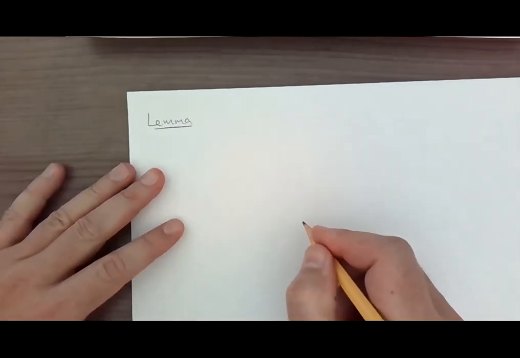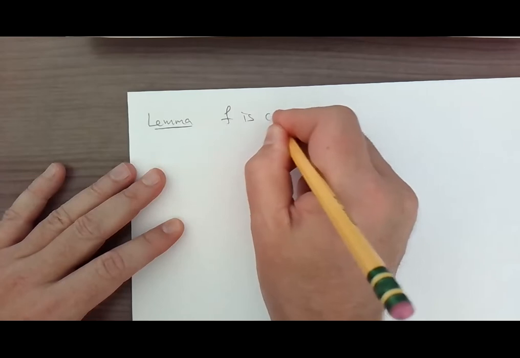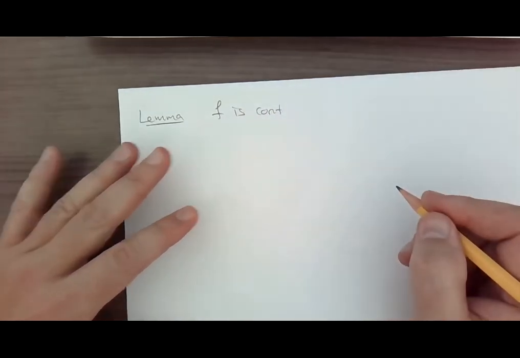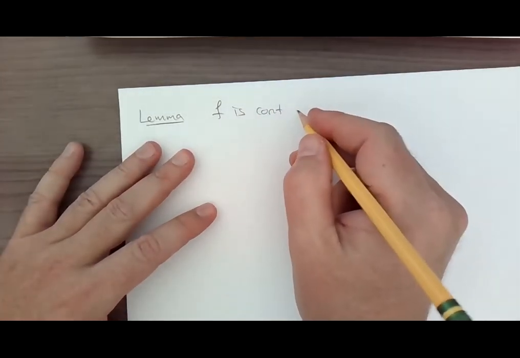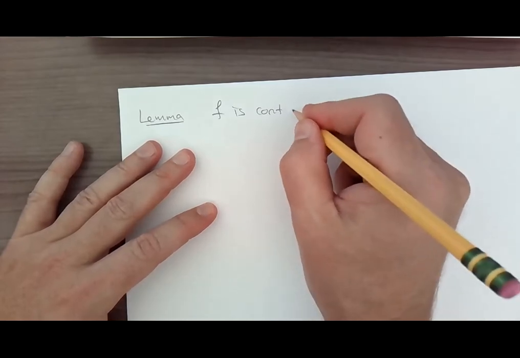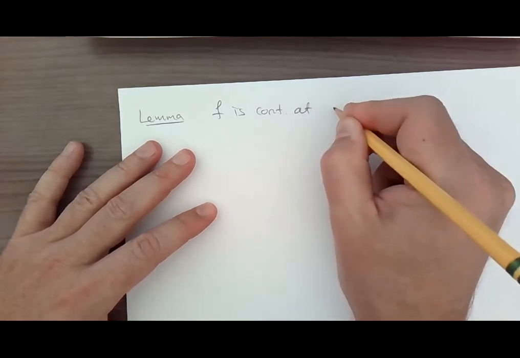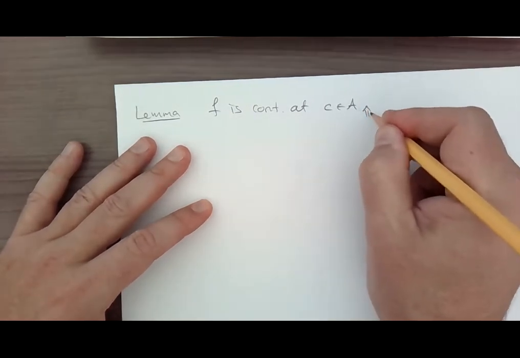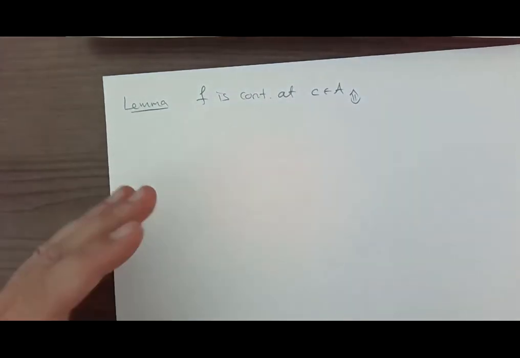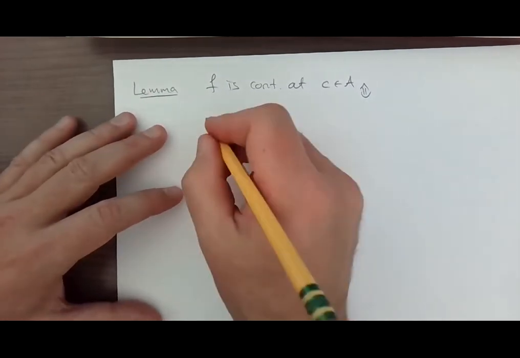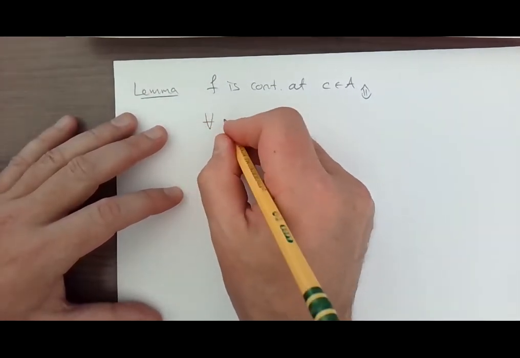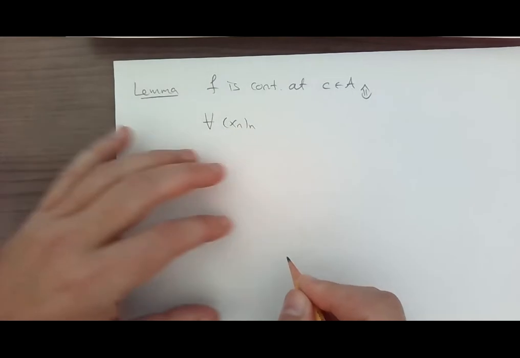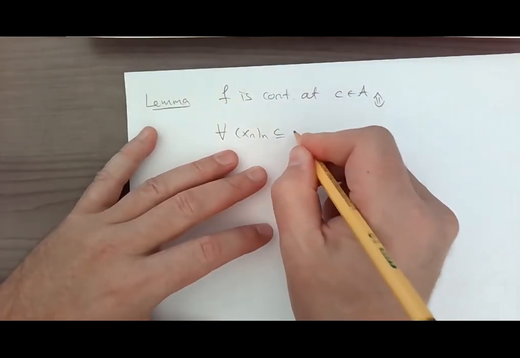There's a little lemma that says that f is continuous, I'm going to start writing cont for continuous, at a point if and only if, and then we put in something that is more operational. The way we're going to do it is you take any sequence inside the domain.